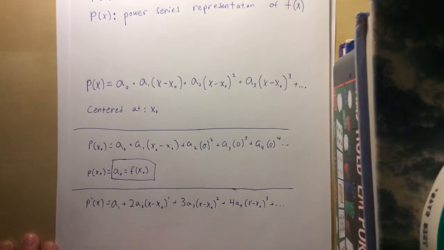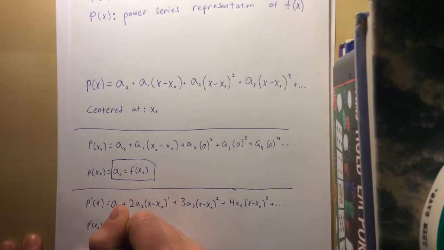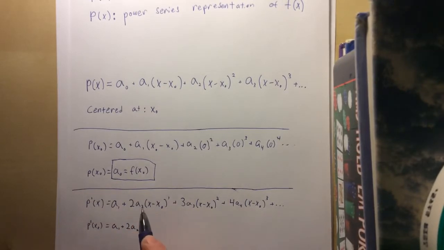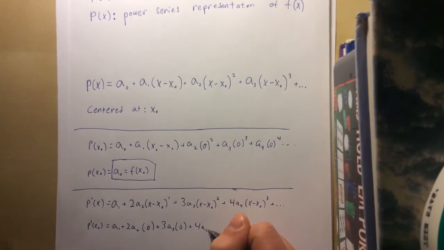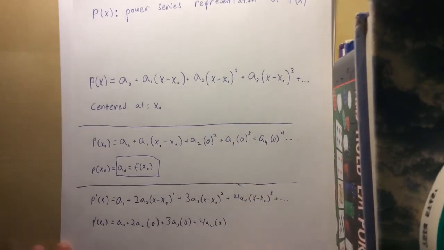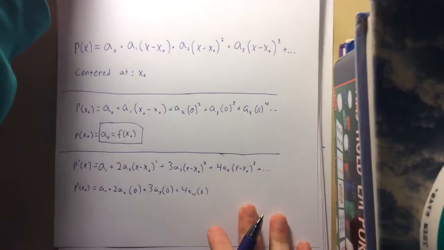Notice again, what is p prime of x naught? Well, this first term stays, and then we're adding 2 times the second constant times, once again, this will turn to 0 because it's x naught minus x naught. And that keeps on happening with the rest of these terms. So what can we say about it?